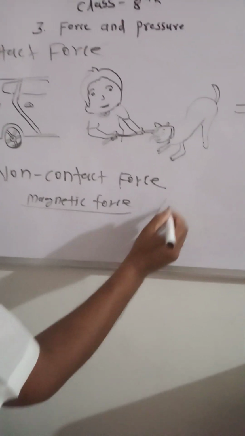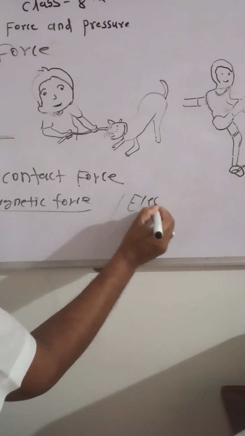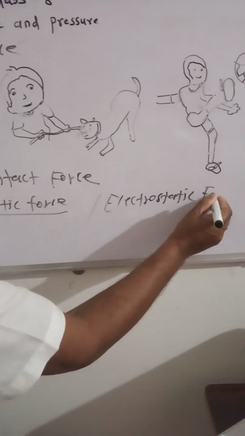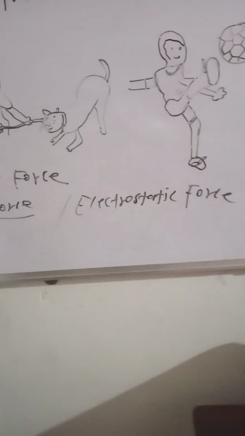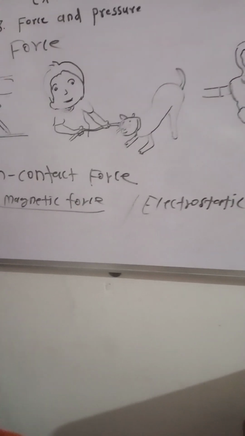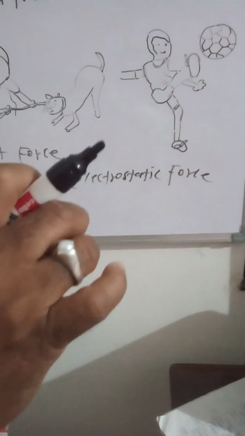Second is electrostatic force. When the comb is rubbed on the hair, it gets electrostatic force and the comb attracts the pieces of paper towards itself.